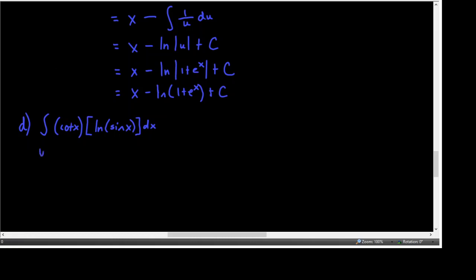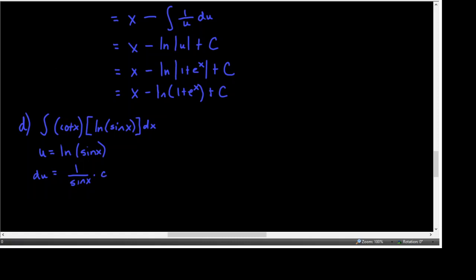This is what I thought of. If I let u equal the ln of sine of x, this may not have been the first thing I thought of, by the way. I could have tried other things that failed, but this is the thing that ended up working for me. Then the derivative of natural log of something is 1 over that something times the derivative of that something.